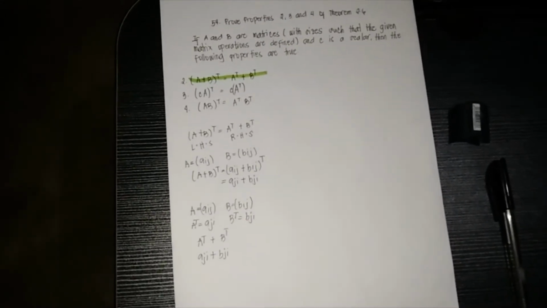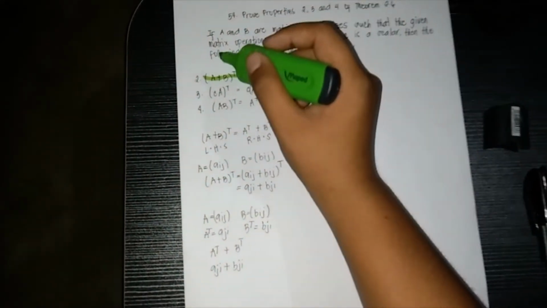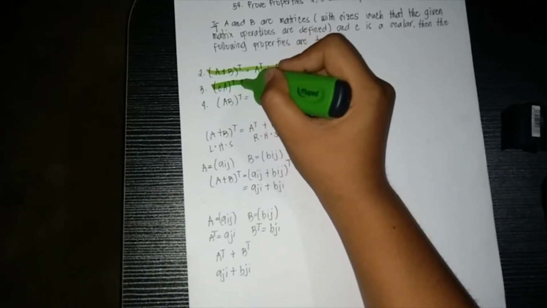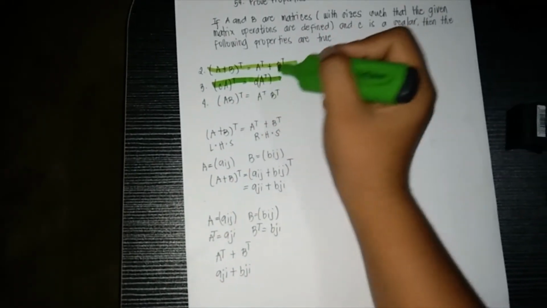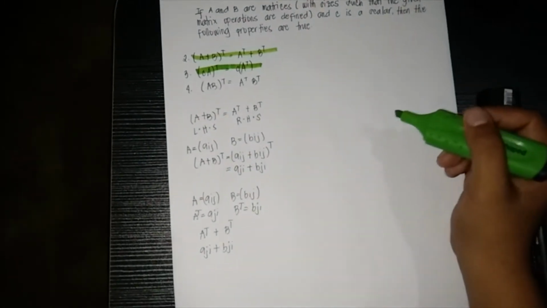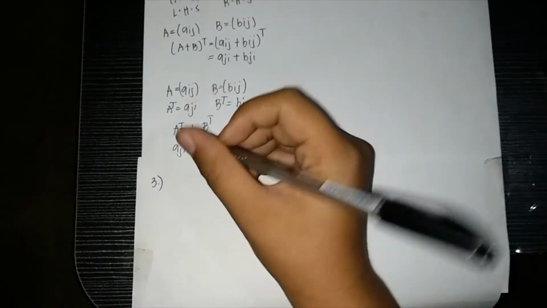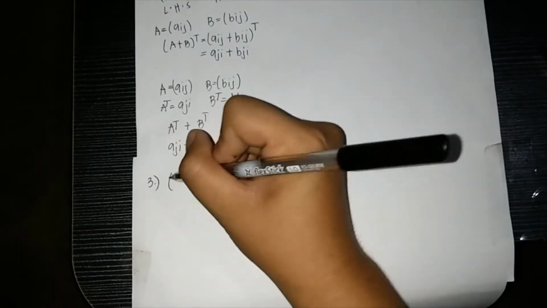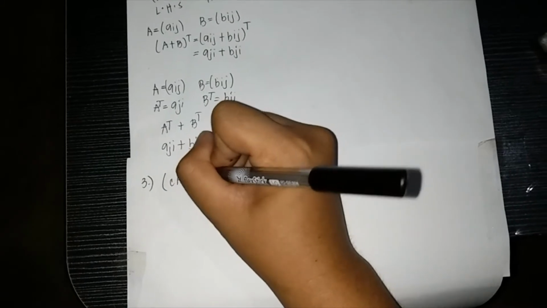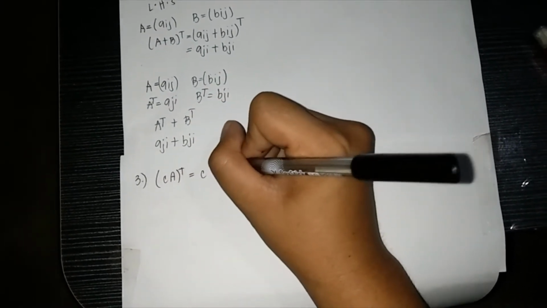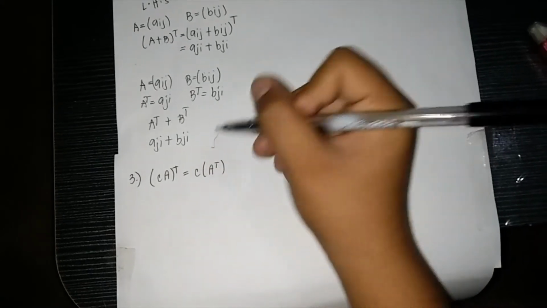So the next thing we need to prove is number 3, which is (C times A) transpose and C times A transpose. Let's just write it on the bottom. So we have number 3: (C times A) transpose is equal to C times A transpose.